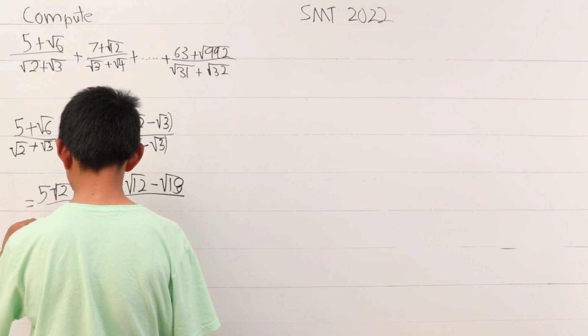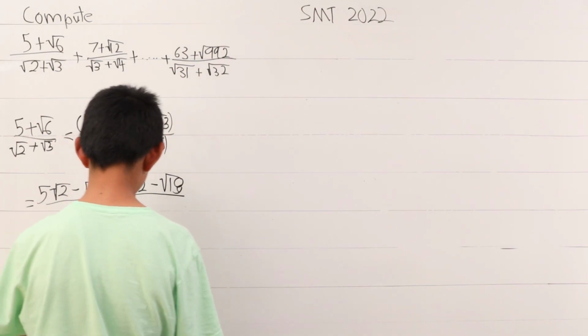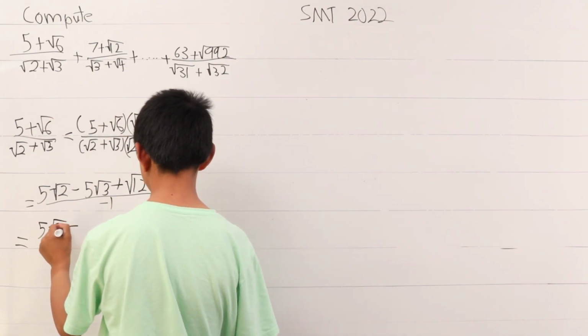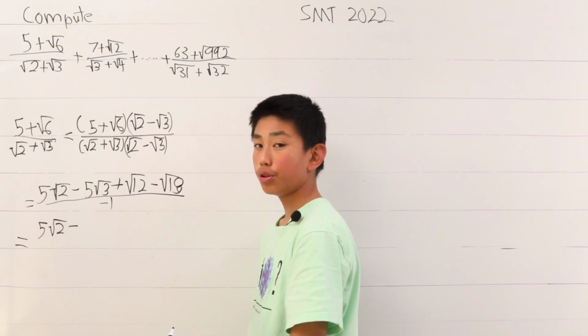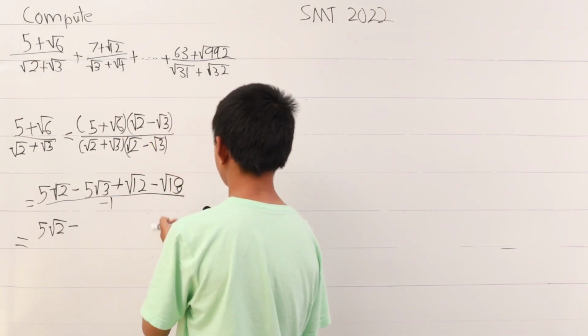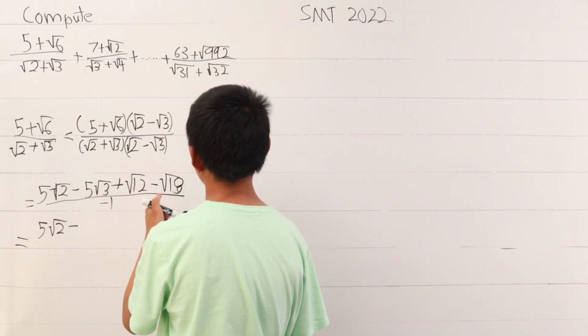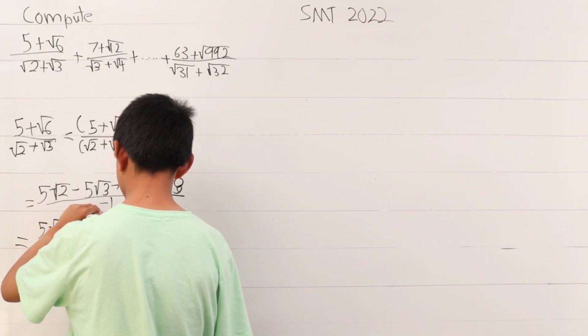This is 5 times the square root of 2. Let's see, we can use this square root of 18. 18 is 9 times 2. 9 is 3 squared, so when you take out the 3 squared, it just becomes a 3, and what's left is the square root of 2.